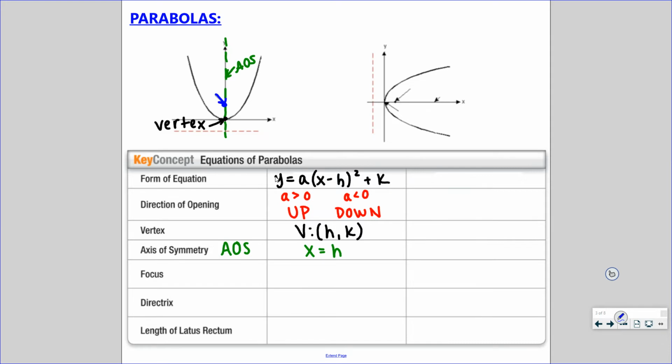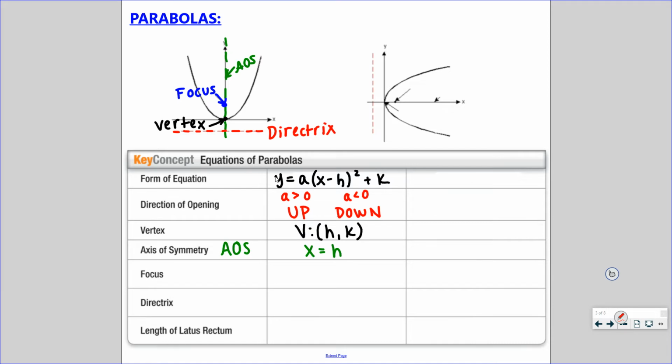So if it's a U down, the focus would be somewhere in here. This line down here that's kind of in red, the lady mentioned this in the video. Did she mention the focus in the video? No, I don't think she did. This line we call the directrix. So I'll explain what they mean as we go.